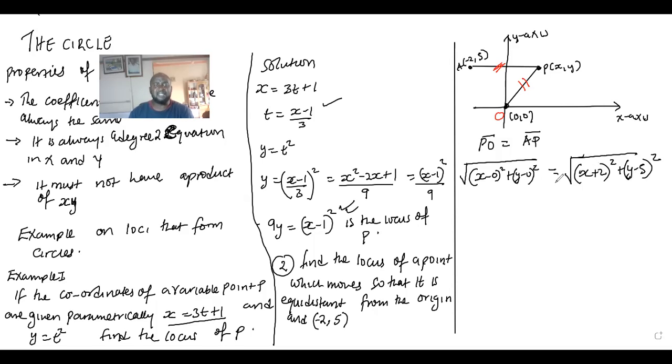Because these two distances are the same, first square both sides, remove the square root, and we attain x squared plus y squared equals x squared plus 2x plus 4 plus y squared minus 10y plus 5.